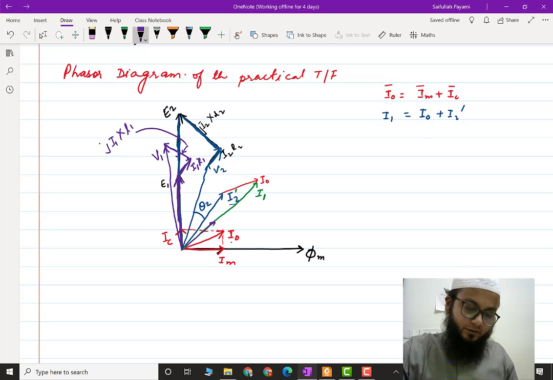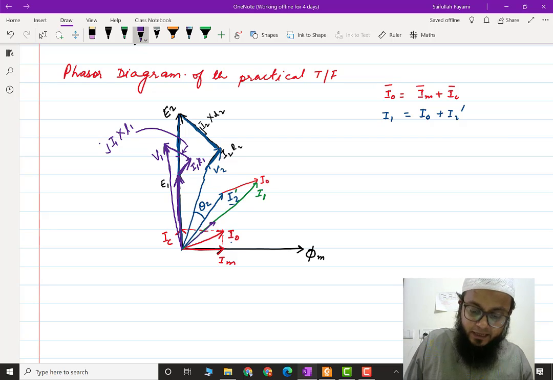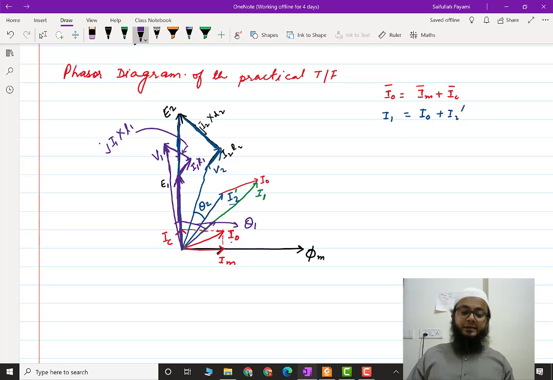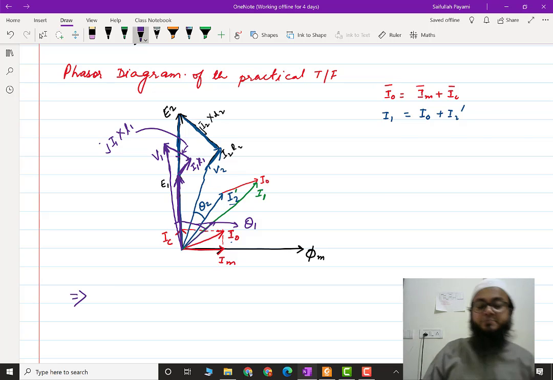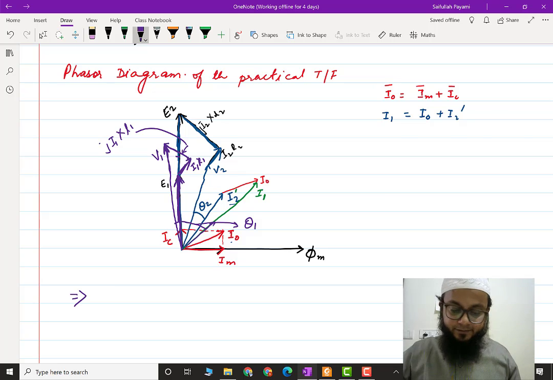So this is my voltage V1, and the angle between I1 and V1 is theta 1. So the power factor angle at the primary side has changed now.